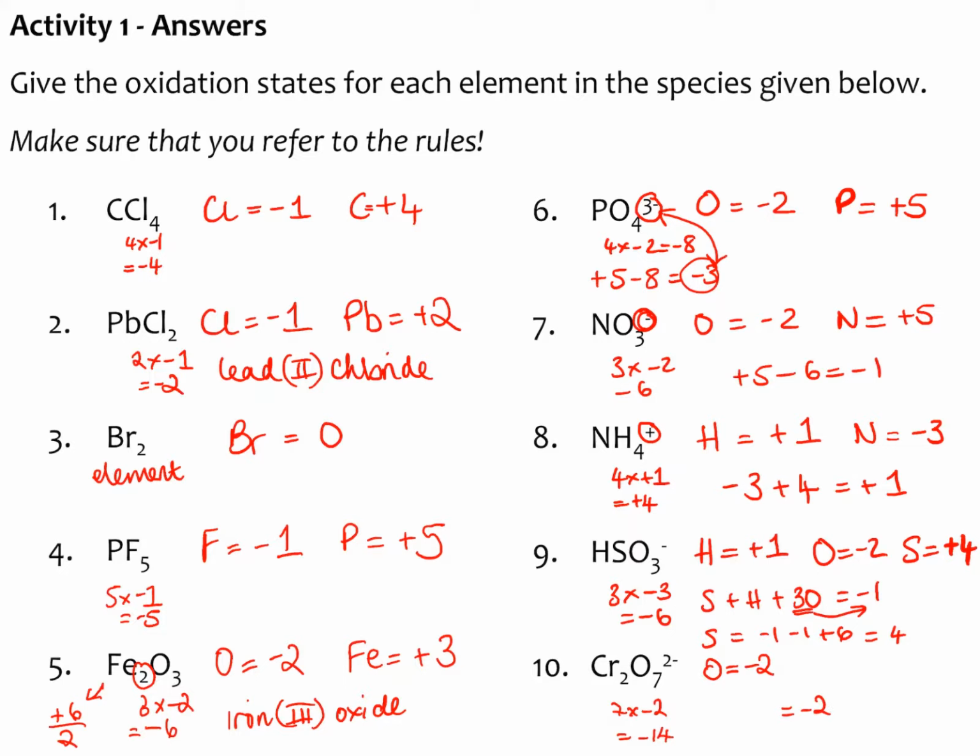Now if the overall charge on the ion is -2 and the oxygen is -14, we must have a +12 from the chromium to make this mathematically correct. So 12 over 2 will be what chromium is on its own, because we have 2 chromiums just here. So the chromium oxidation state will be +6 in this particular example.